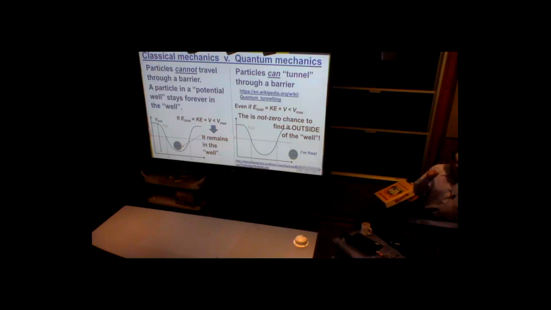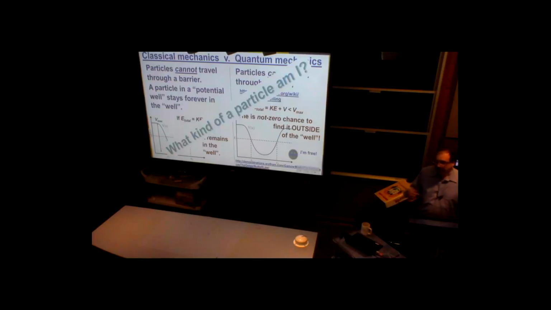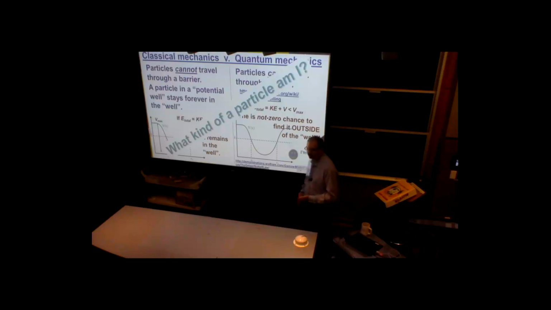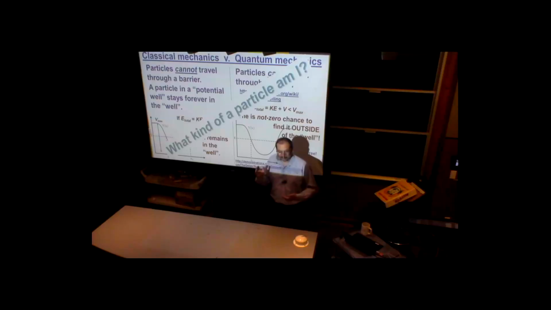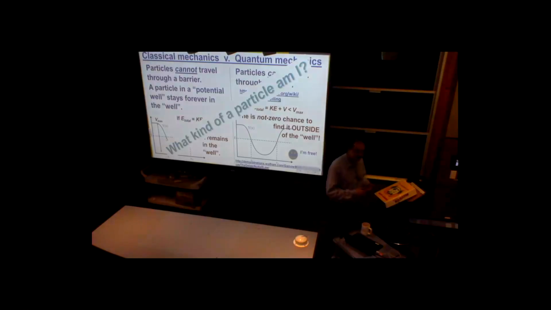Also, many ideas developed in physics might be useful for everyday life, at least for me. For example, I ask myself once in a while, what kind of a particle am I? Am I a classical particle? I reach the barrier and then bounce back, or am I a quantum particle, with a chance to tunnel through?